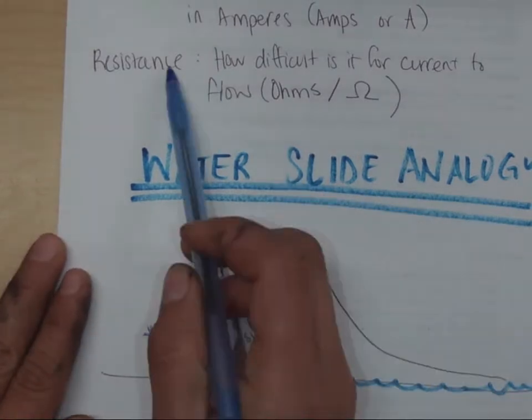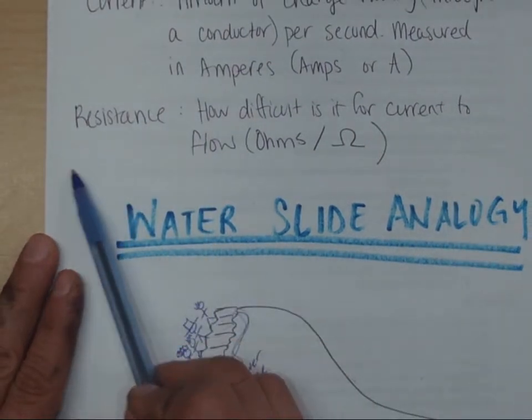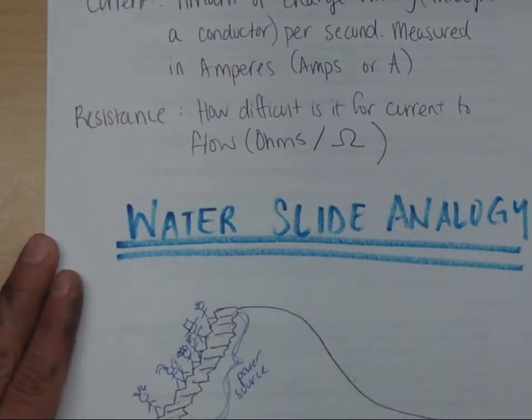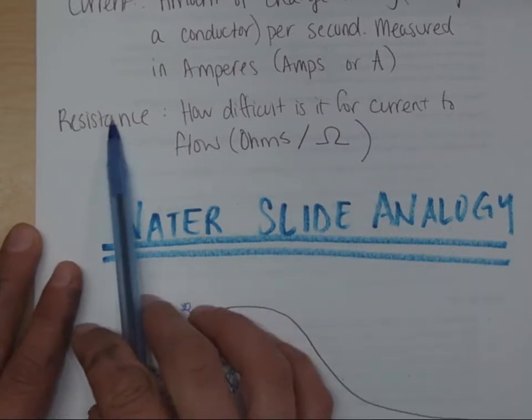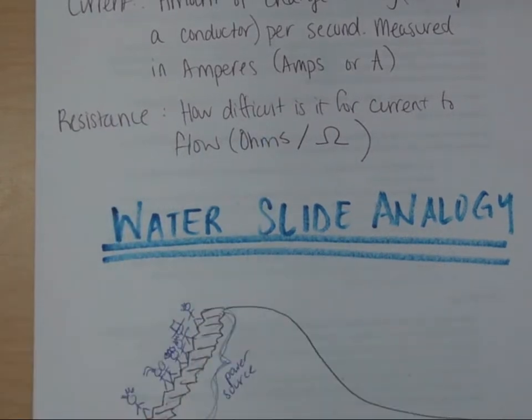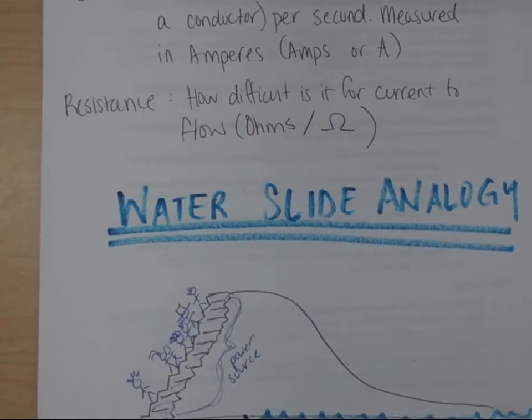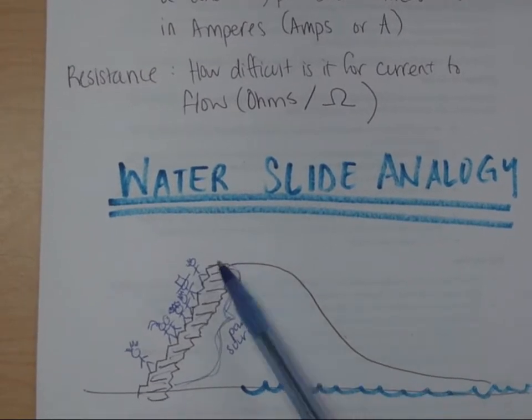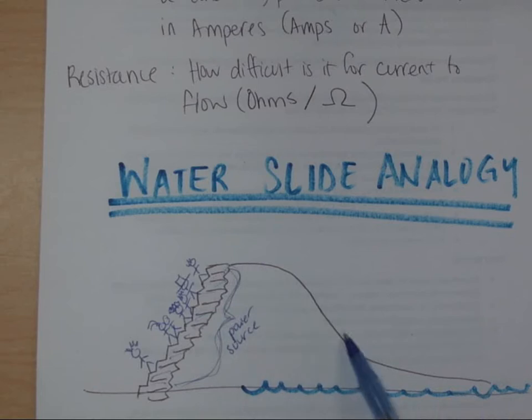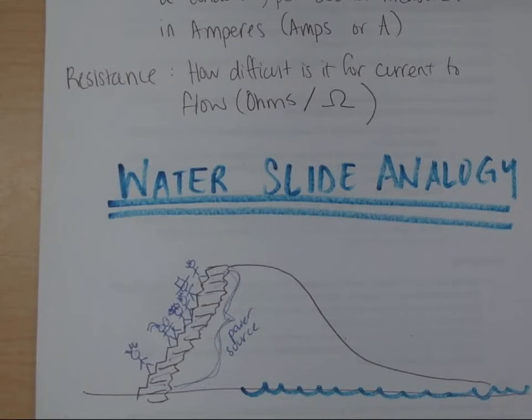Okay? Now, going on to my last variable that we're going to be looking at in this unit, I'm looking at resistance. So resistance is how difficult it is for a current to flow. So that is all measured by the slide. So our resistance in a circuit is typically dependent on the type of material that the conductor might be made out of, the temperature of the conductor.